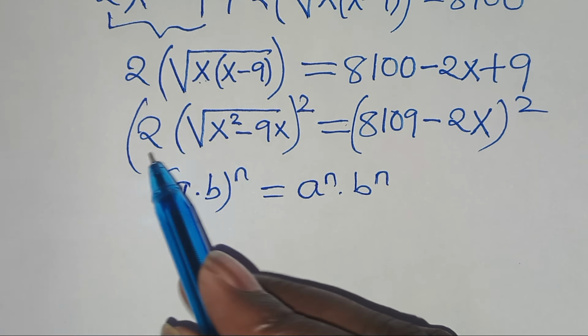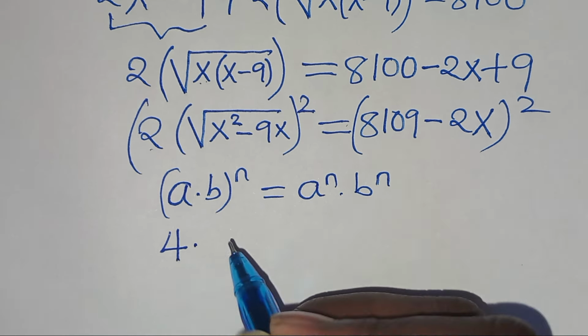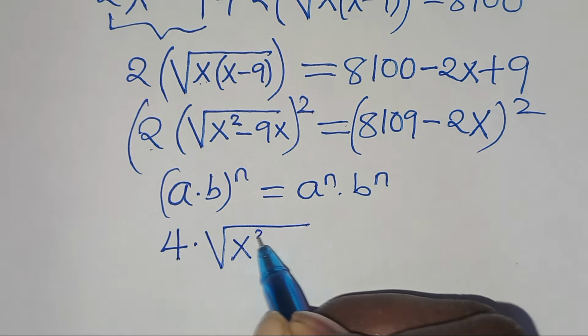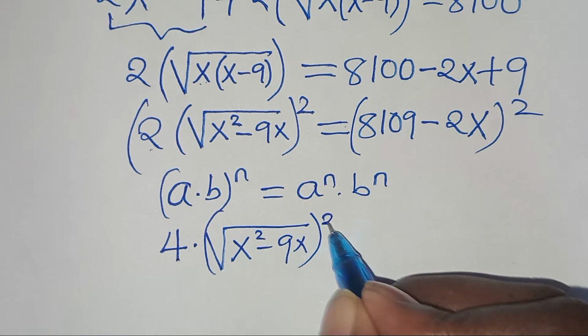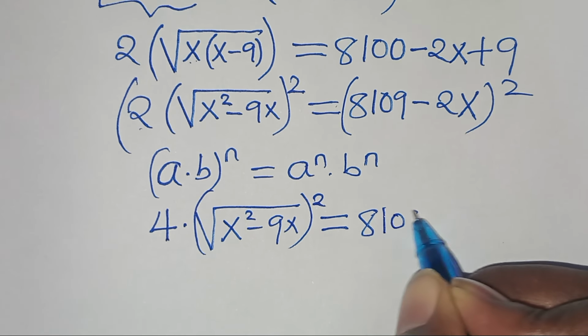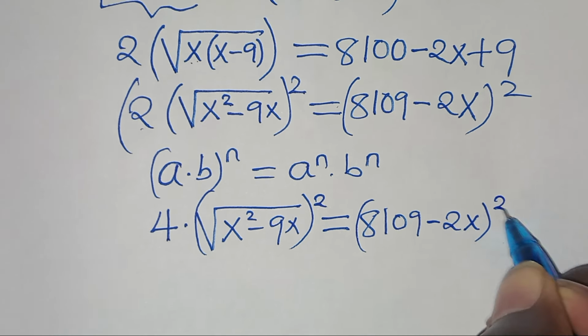So here we have 2 squared, which is 4, multiplied by the square root of x squared minus 9x raised to the power of 2, equal to 8109 minus 2x raised to the power of 2.